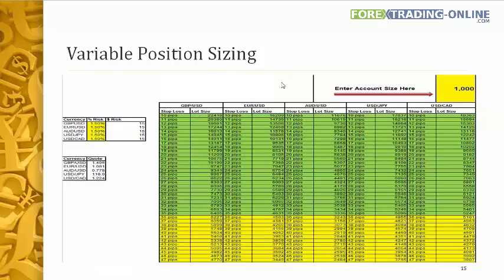For example, the euro US dollar is a little bit less volatile than the pound US dollar. So for a pound US trade, you would probably want to risk a little bit more just to prevent it from getting stopped out, since it's a little bit more volatile than the euro US dollar, for instance.